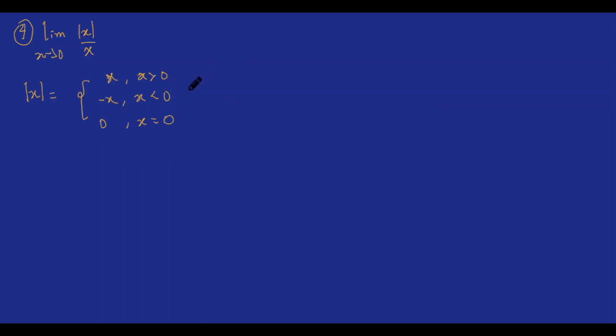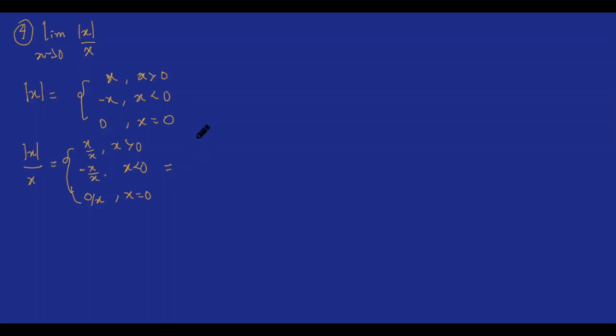This means that the absolute value of x divided by x is defined as x divided by x for x greater than 0, minus x divided by x for x less than 0, and 0 divided by x for values of x equal to 0.